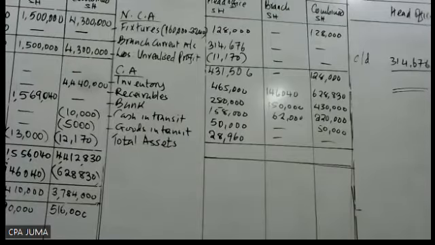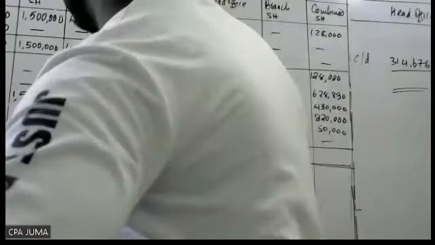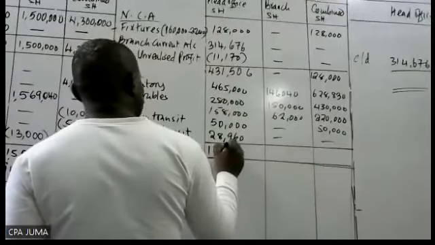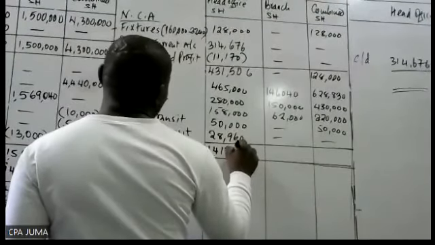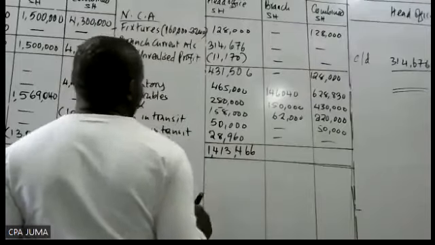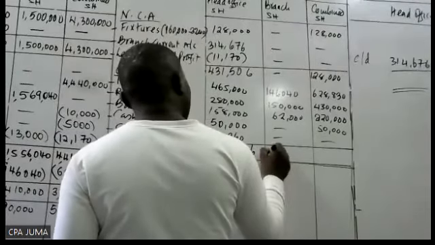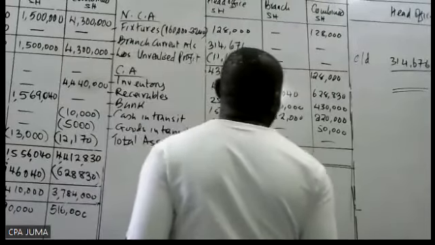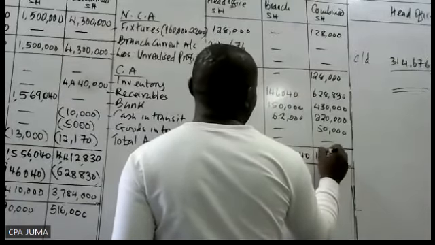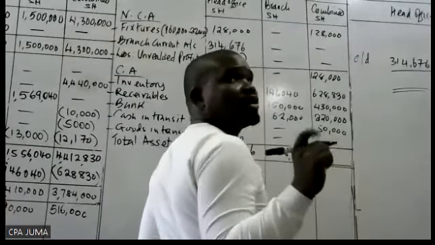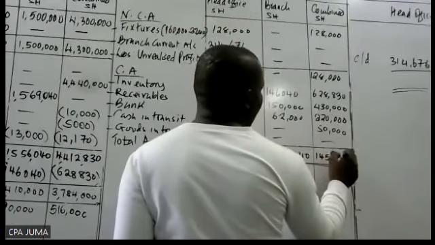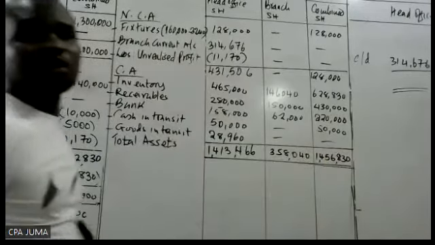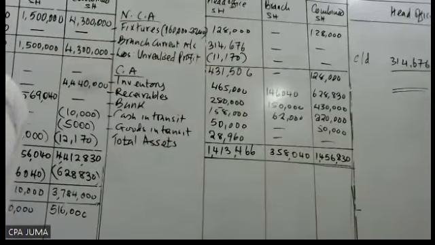If you have answers, tell me the answers. The first one is 1,413,466, middle 358,000. Combine 1,456,830. Good.